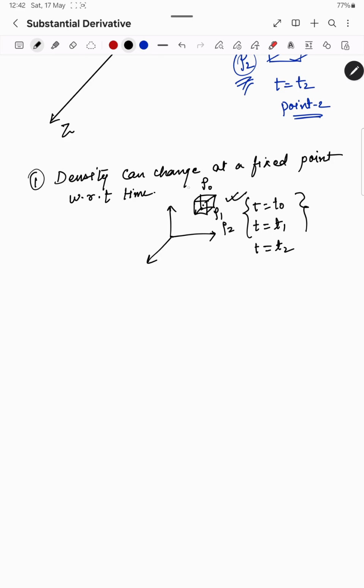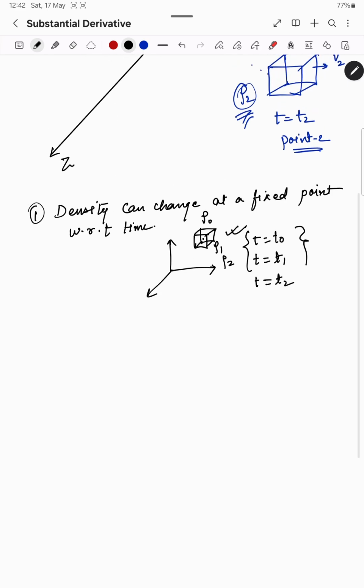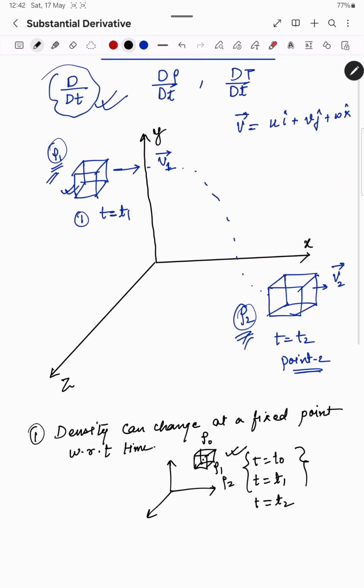So this is one of the reasons for changing density: the density is changing with respect to time at a fixed point. Now we are talking about this scenario, as this particle has moved from point 1 to point 2 and its density has changed. So one of the reasons is the change in density with respect to time at a fixed position.